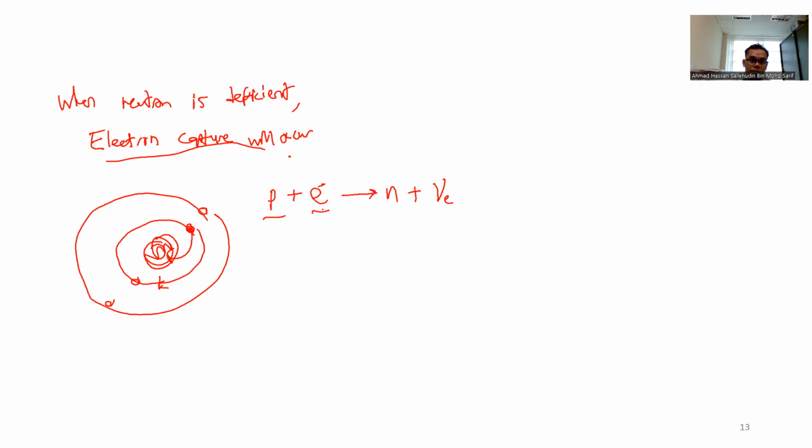So in order to capture the K-shell electron, the nucleus has to break the binding of the K-shell electron. So the nucleus has to give up some energy to break the K shell electron.